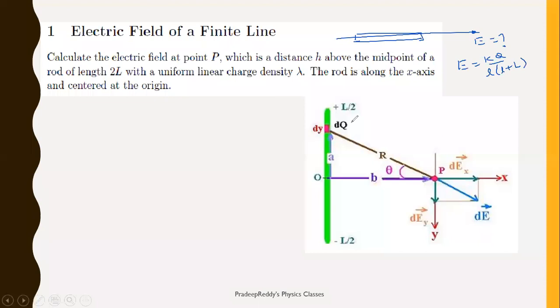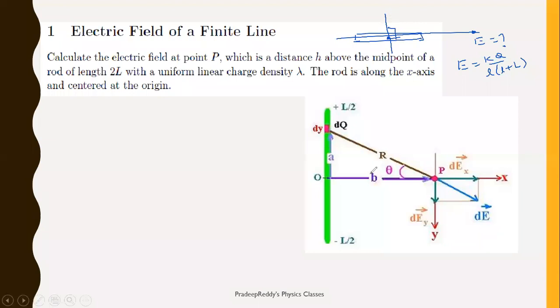Now, coming to the same rod, I want to find the electric field on the equatorial line. The equatorial line is a line which cuts the rod perpendicularly into two equal parts like this. This is called the equatorial line.